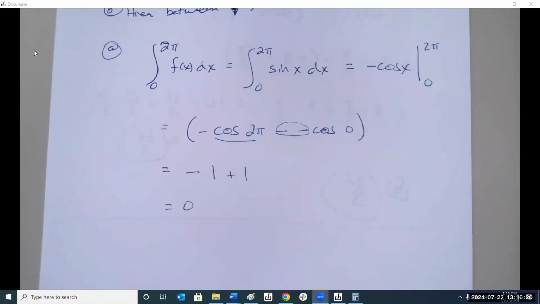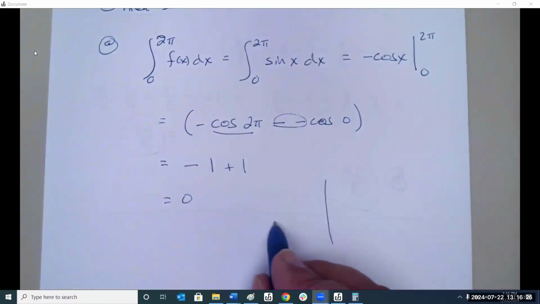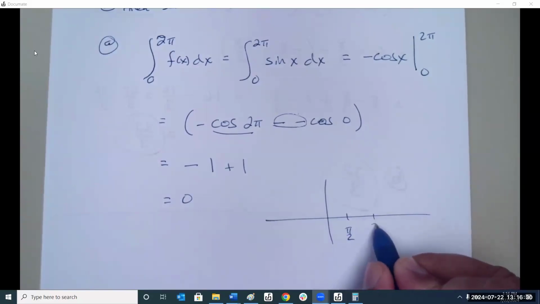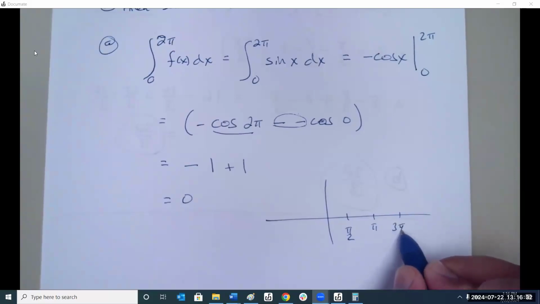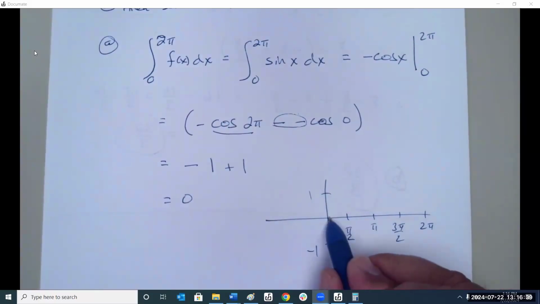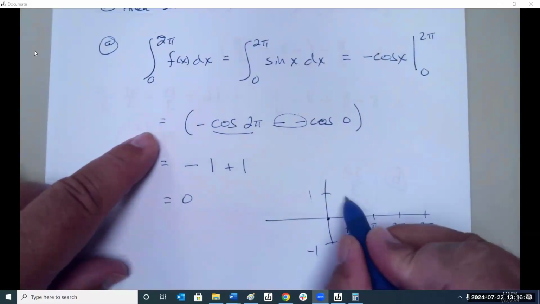Now, why would it mean 0? Right, because if we look at the graph from 0, sine starts here.